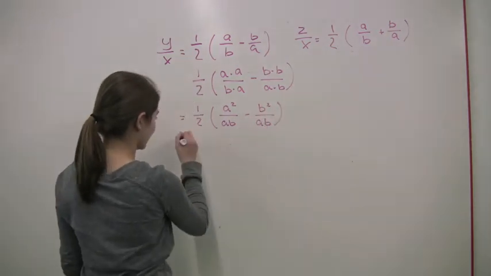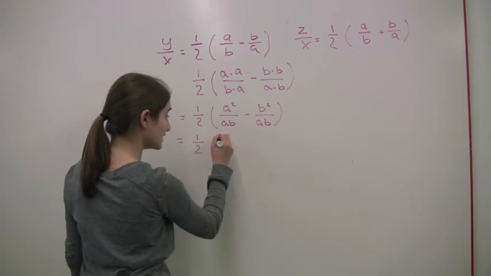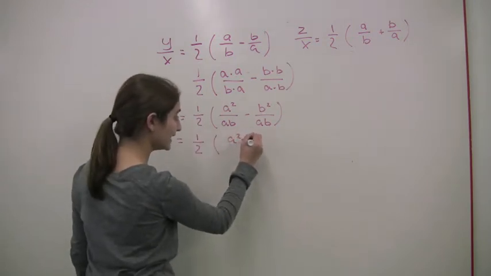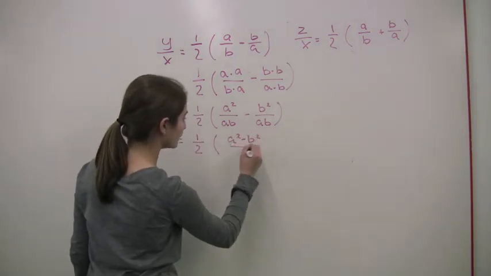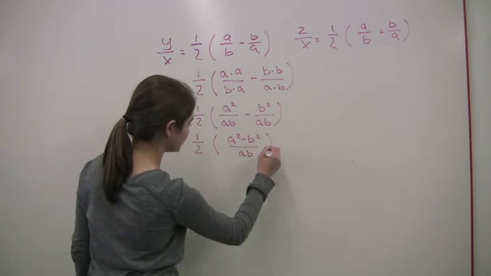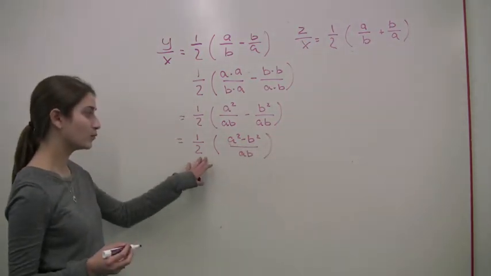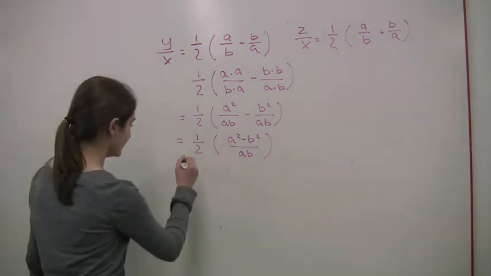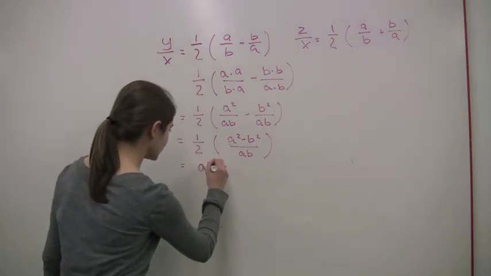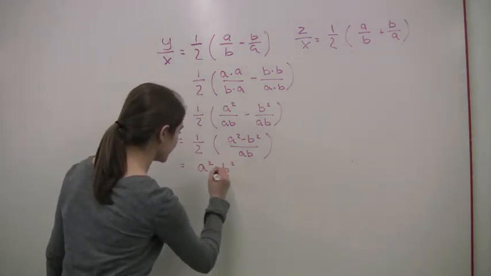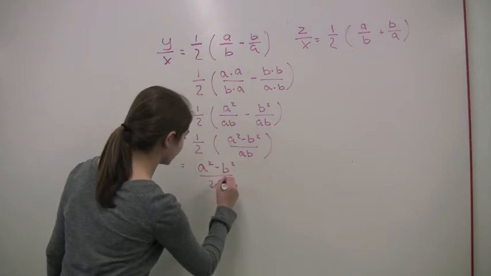This can then once again reduce to 1/2 times a squared minus b squared over ab. We then must multiply 1/2 by this term. This would equal a squared minus b squared over 2ab.